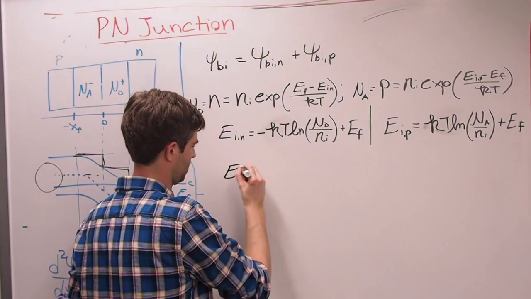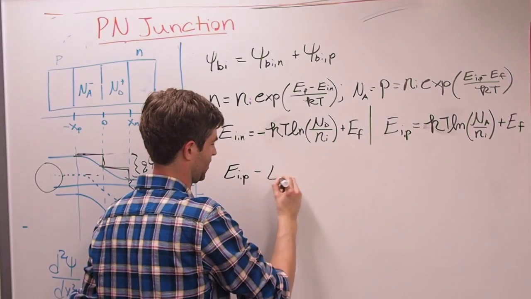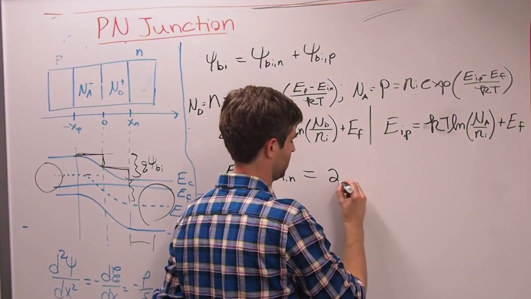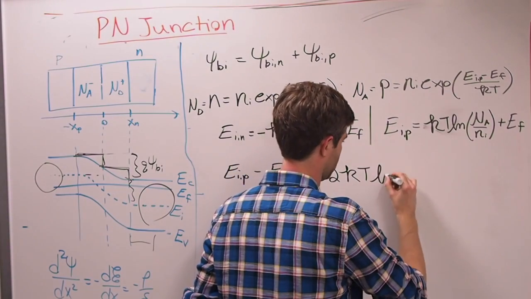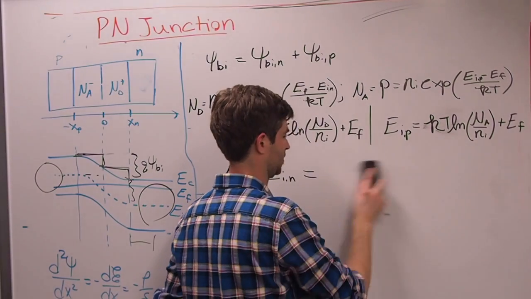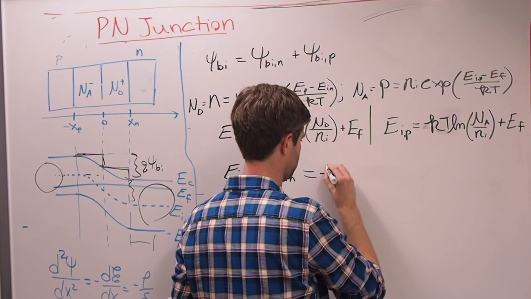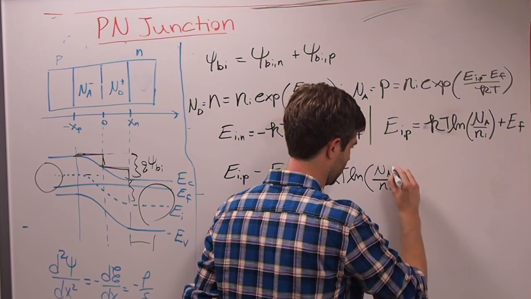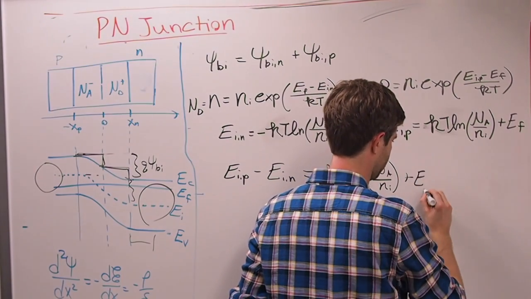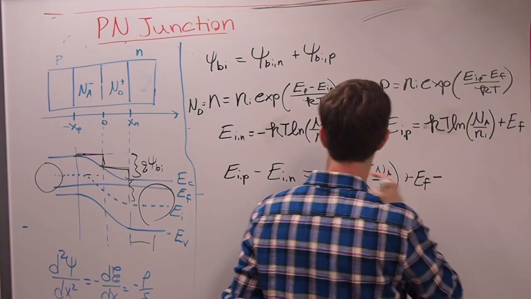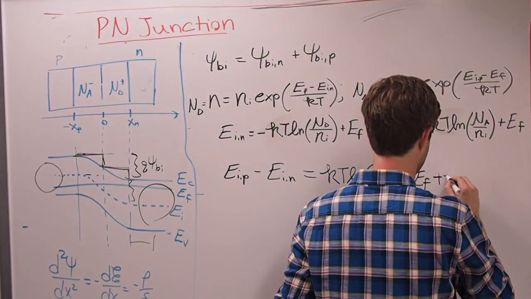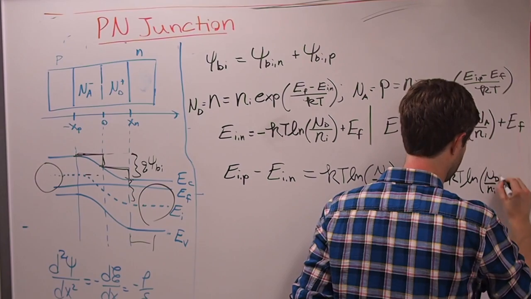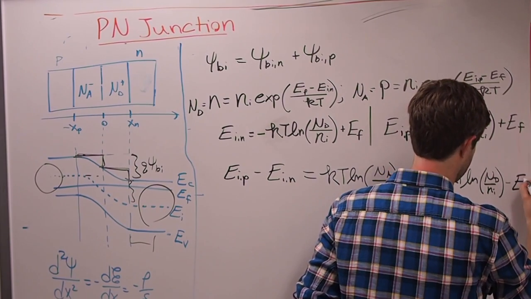EIP minus EIN is equal to KT natural log NA over NI plus EF, minus becomes a plus, KT ln ND over NI minus EF.